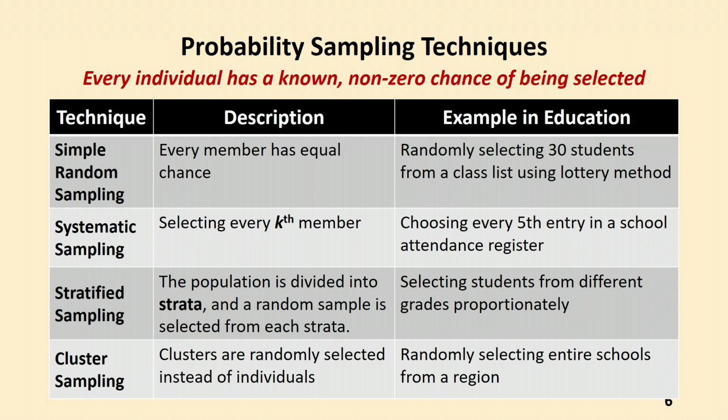When you go for stratified sampling, you are selecting students from different grades proportionally. Last is cluster sampling. Clusters are randomly selected instead of individuals. An example is randomly selecting entire schools from a region.